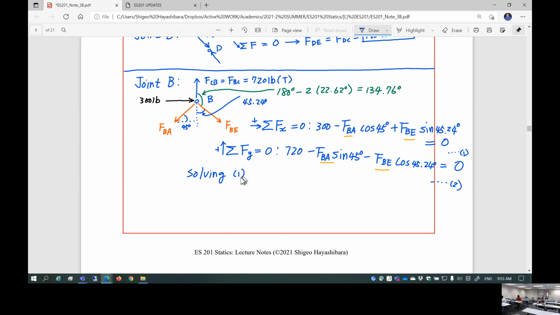Solving 1 and 2 simultaneously, because you have two equations with 2 unknowns. I'm not going to do the math, so please do it yourself. I would highly recommend you set up your calculator, if you know how to use it, to solve simultaneous equations with 2 unknowns.